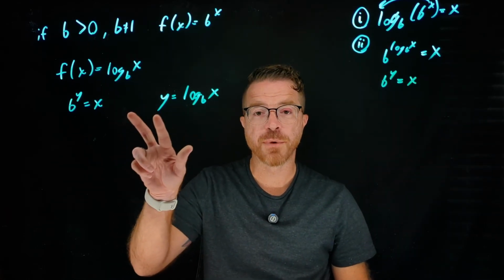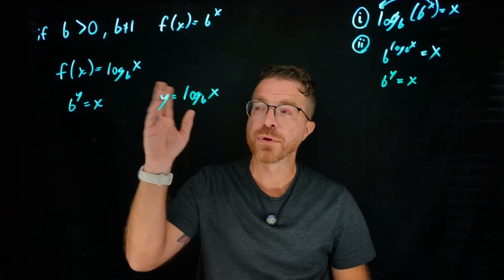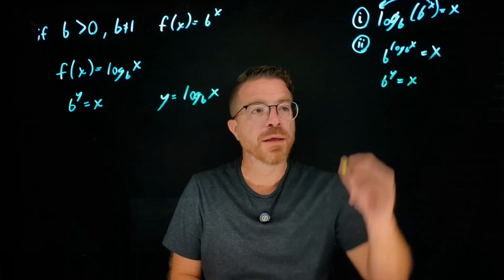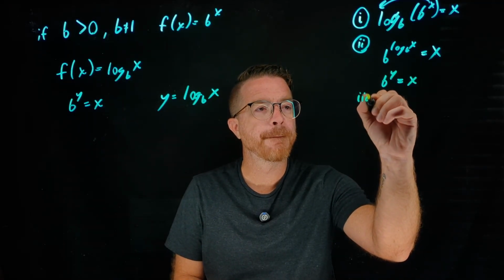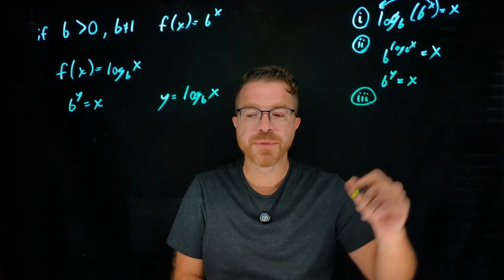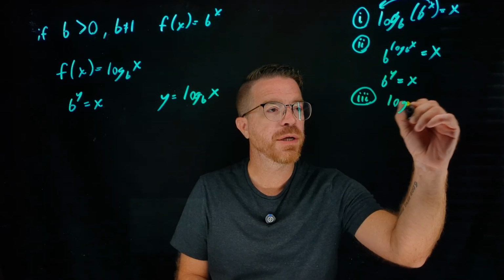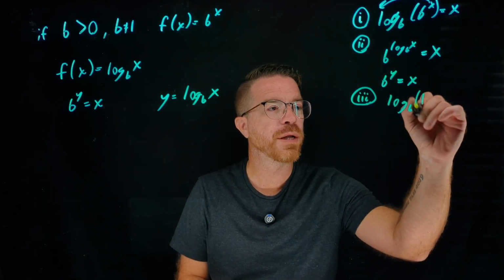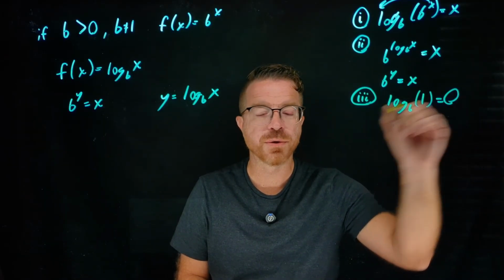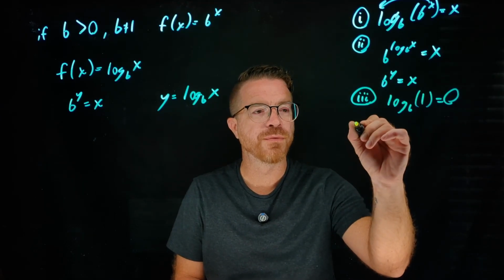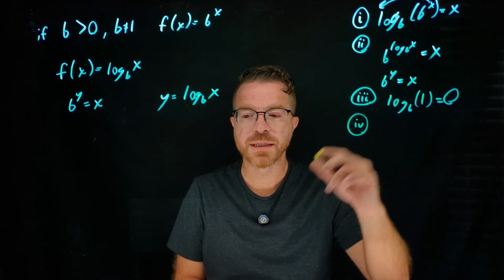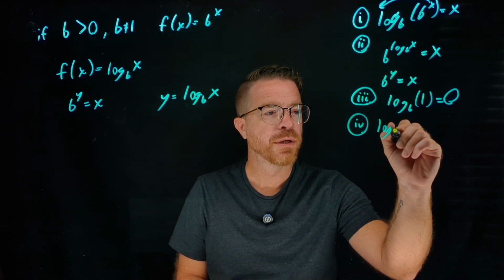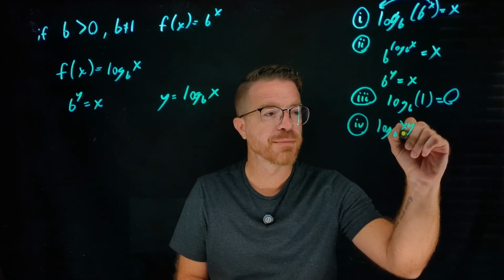So it's actually just from our definitions of the logarithm and the inverse. The third law is going to be that if we have log base b of 1, this is going to be equal to 0.